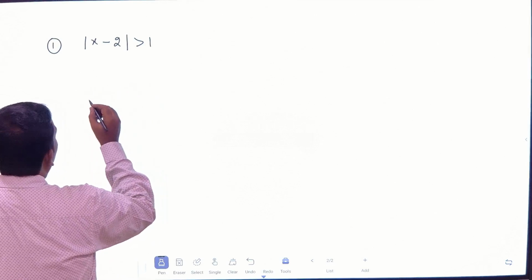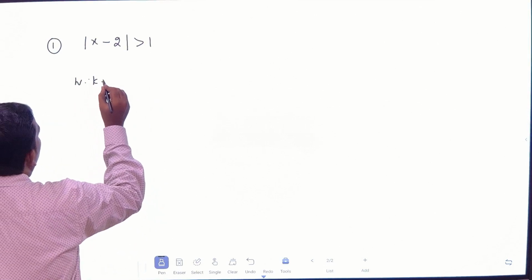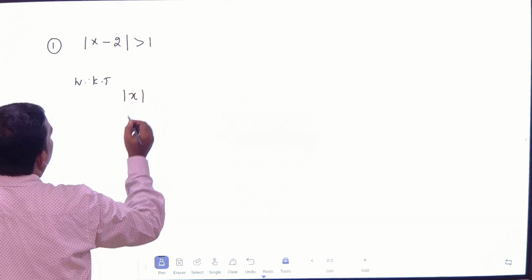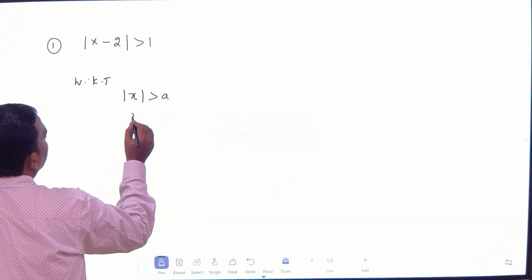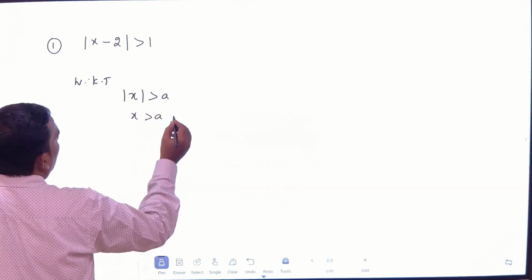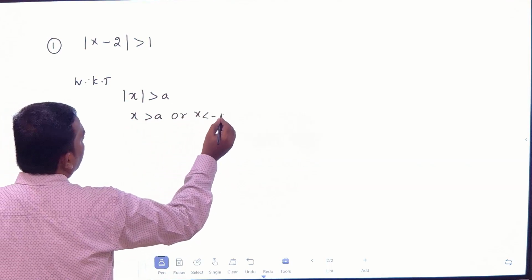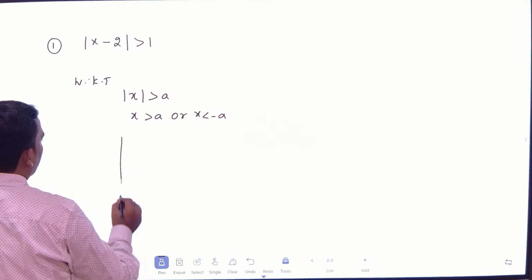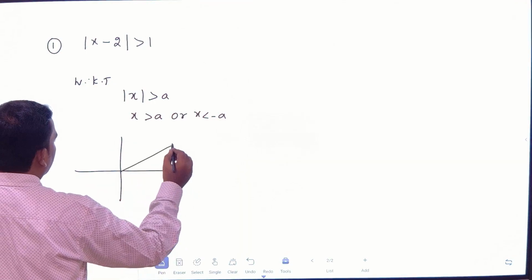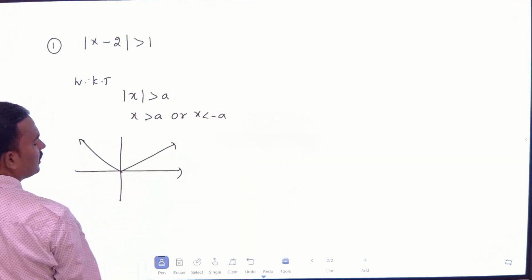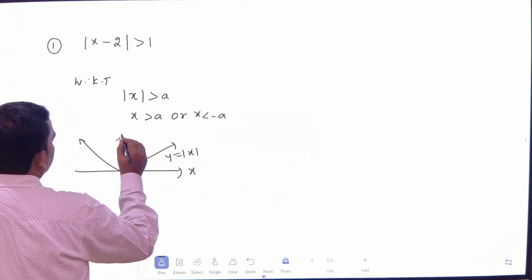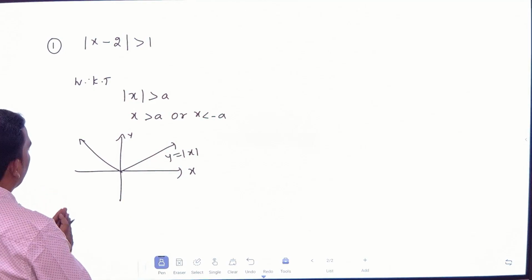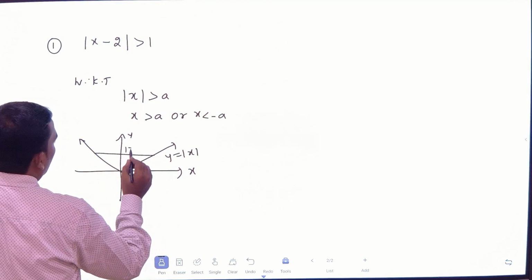We know that mod x greater than a means x should be greater than a or x should be less than minus a, right? Just take the mod x graph, y is equal to mod x. Suppose mod x equal to a.